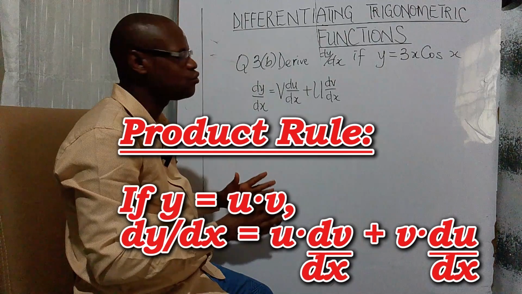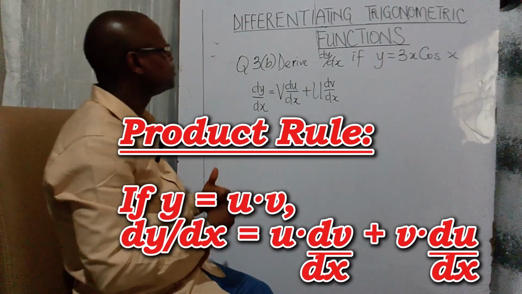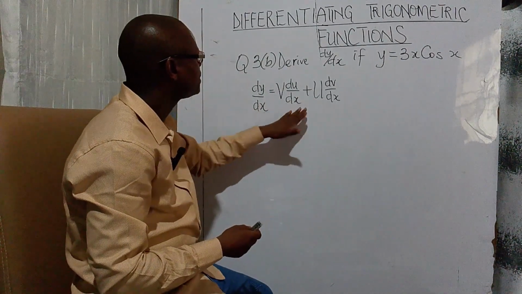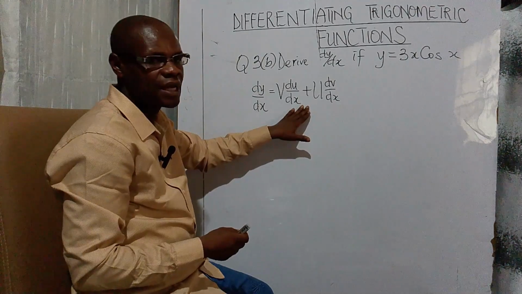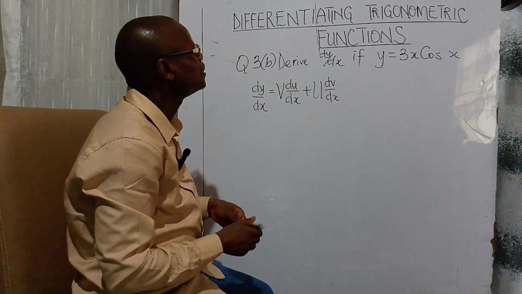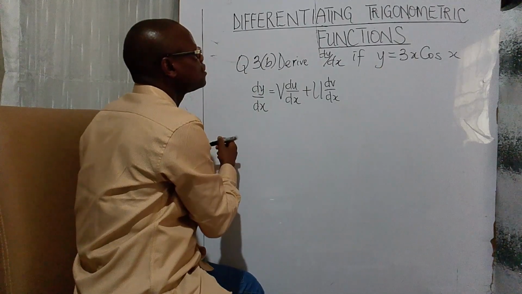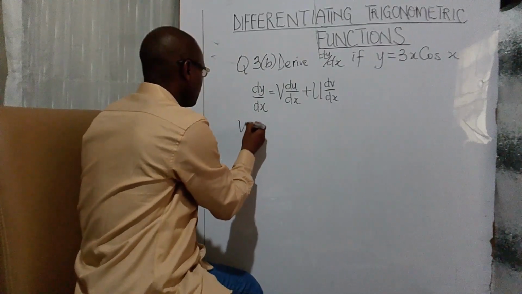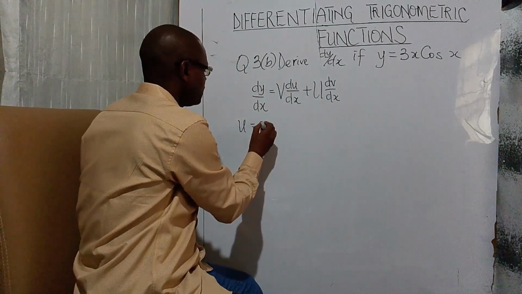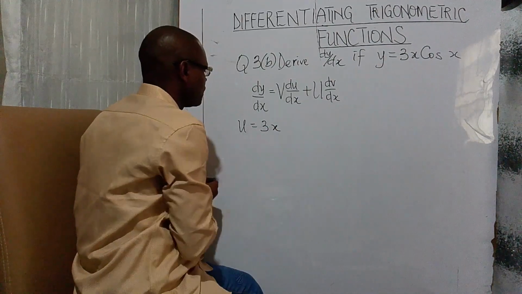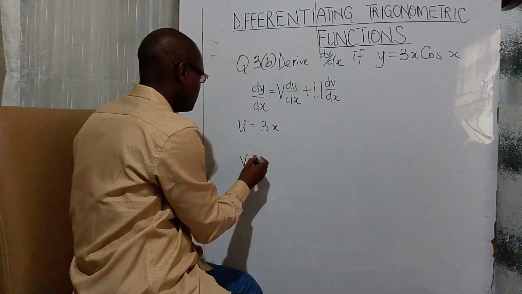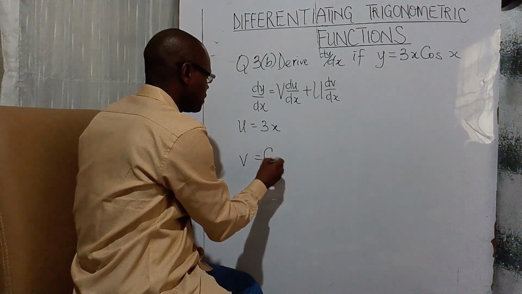Either of the two can always be replaced into their position. So if this is how to apply our product rule, then we can easily take our variables from the question. So here we can have u to be 3x and v to be cos x.